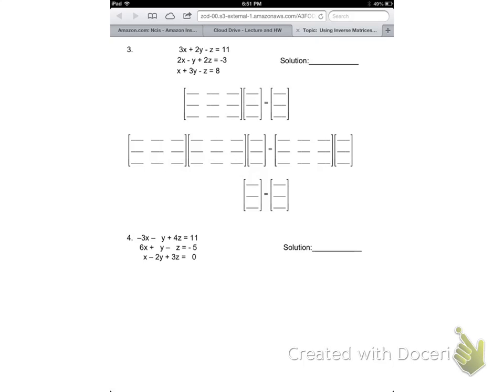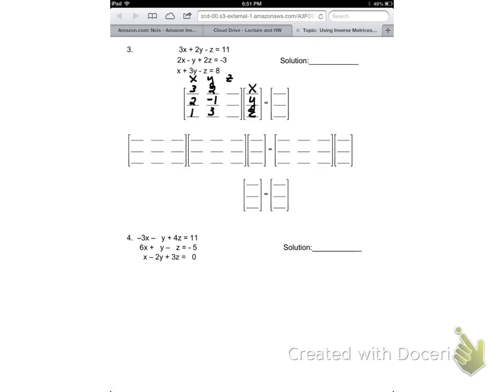Okay. So we're going to put our numbers just like we did. All the coefficients, this is an x column, a y column, and a z column, and our variables are x, y, and z. Put our x's all in this first column, the coefficients 3, 2, 1. The y coefficients are 2, -1, and 3.